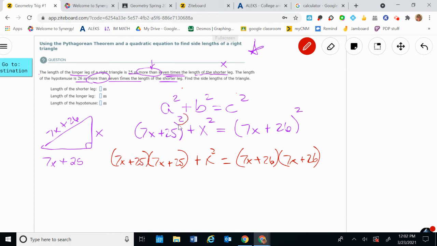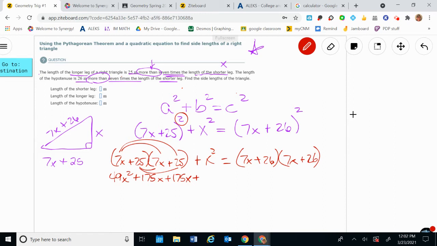I wrote it out. Square means times itself, okay? So 7 times 7, 49x squared. 7 times 25, 175x, plus 175x, plus 25 times 25.